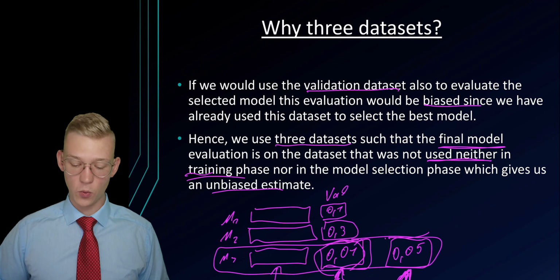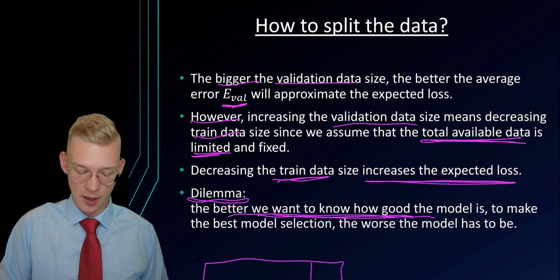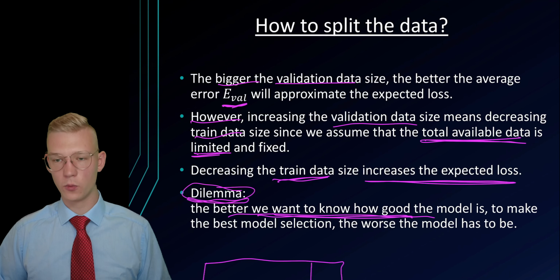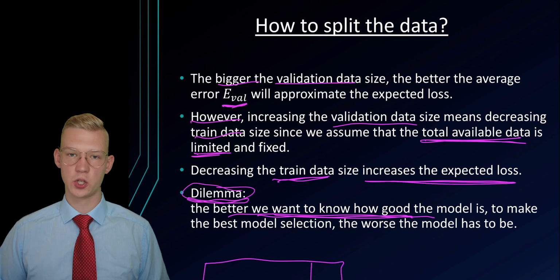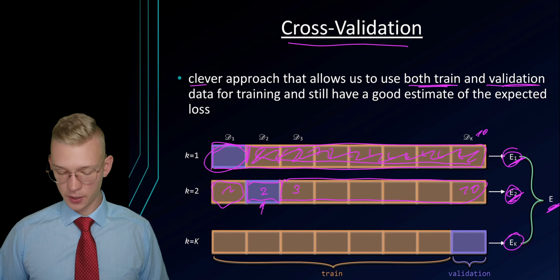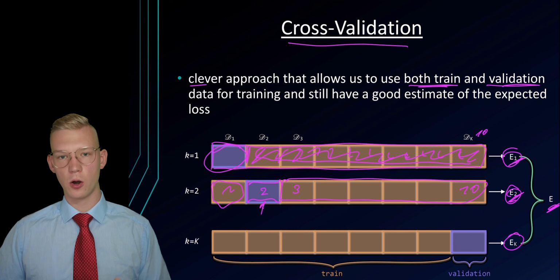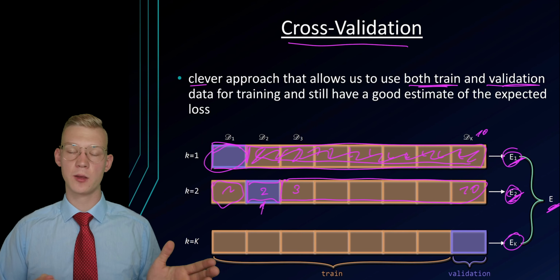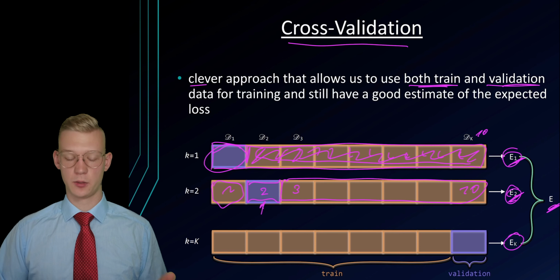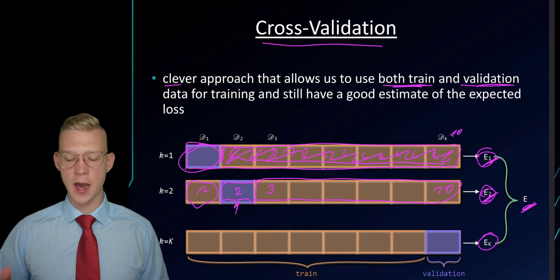We asked why we need 3 data sets and how we split the data, and that we have a dilemma that each part wants to have as much data as possible. As a solution to that, we introduced cross-validation, where we divide the data into chunks and train on all the chunks except one, compute the error on that chunk, change that chunk multiple times, and average over the expected loss to get an accurate prediction.